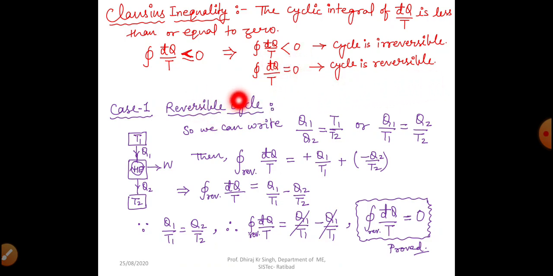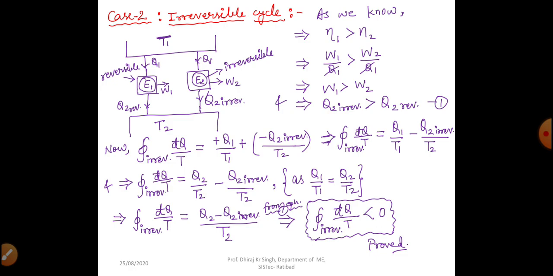Now we have to prove for an irreversible cycle that the cyclic integral of del Q by T is less than 0. So let's see. We have taken an irreversible cycle. This is our source T1, higher temperature, and this is our sink T2, lower temperature. We have used one reversible heat engine and one irreversible heat engine, right?